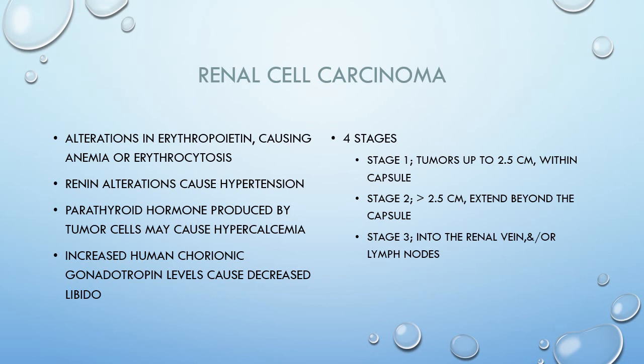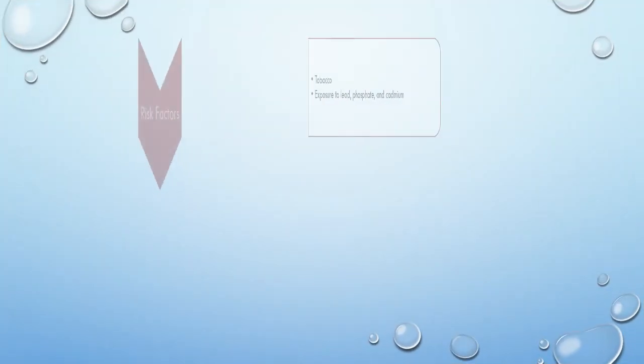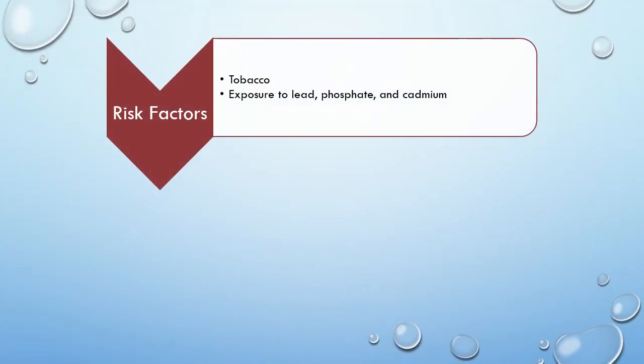Stage 3 is involvement into the renal vein and/or the lymph nodes. Stage 4 is an invasion of adjacent organs. Some risk factors for renal cell carcinoma are tobacco or exposure to lead, phosphate, and/or cadmium.